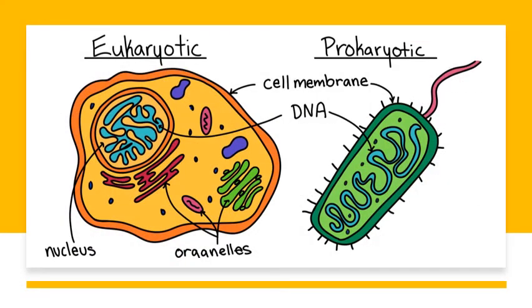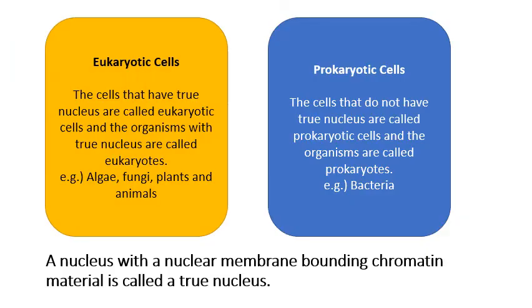Based on the structure of the nucleus, there are two types of cells, the eukaryotic cells and the prokaryotic cells. What are eukaryotic cells? The cells that have a true nucleus are called eukaryotic cells, and the organisms with a true nucleus are called eukaryotes.